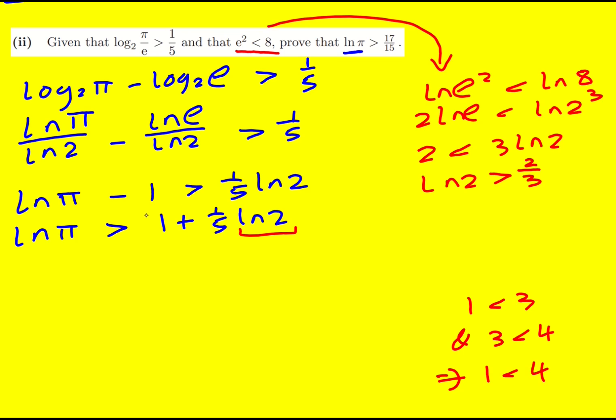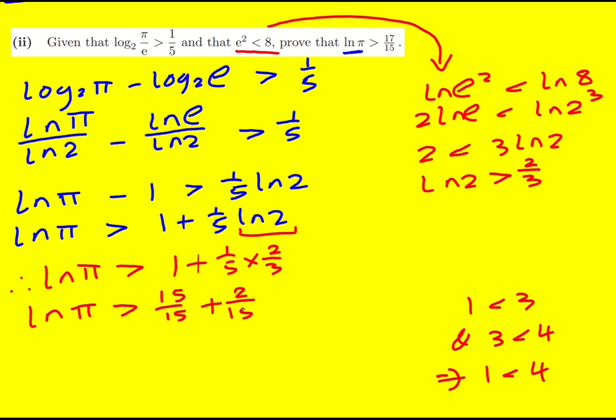Ln pi is greater than this, which involves ln 2. Ln 2 is bigger than 2/3, so therefore ln pi will be greater than 1 plus 1/5 multiplied by 2/3, which is 2/15. So ln pi is greater than 15/15 plus 2/15, and therefore ln pi is greater than 17/15. Nice.